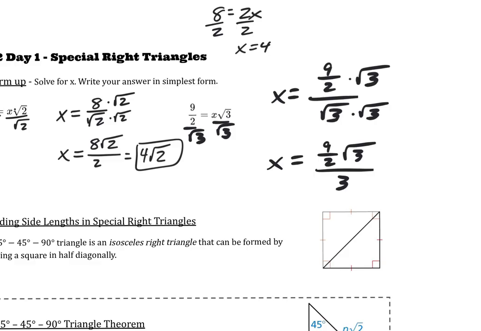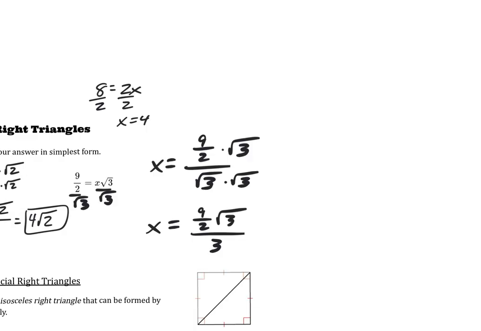So what I'm going to have to do is kind of like I did over here. The nice thing over here was that the 8 and 2 divided and simplified, right? 9 halves divided by 3, not so much. So I'm going to come up here. If I take 9 halves and divide it by 3, there's a rule, and you've probably heard this before.